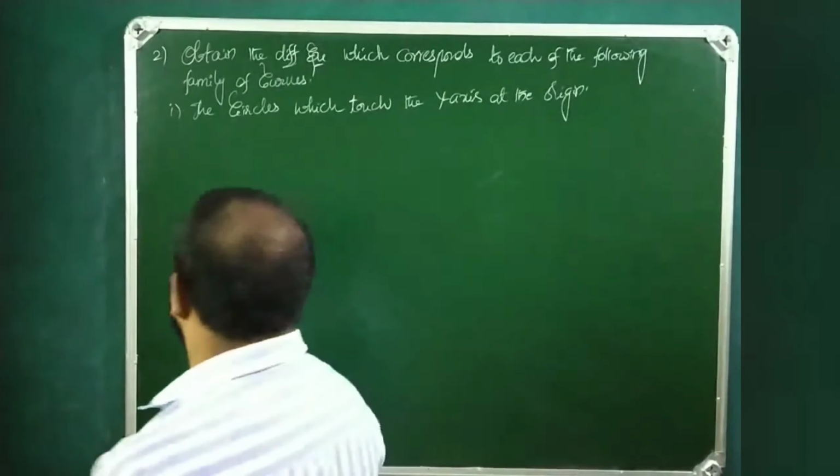Now the vertex is situated on the right-hand side of the origin, on the x-axis, where the y coordinate is 0. Therefore, this is (a, 0).